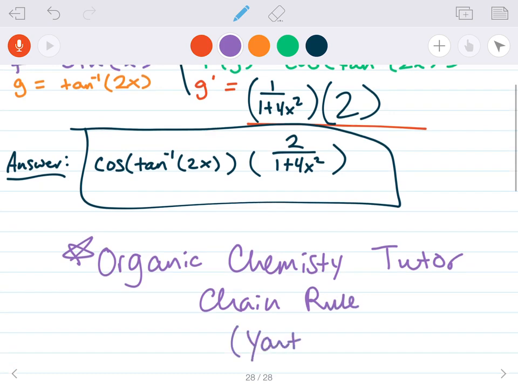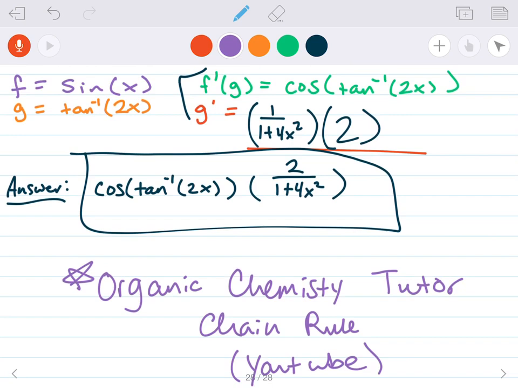You can look him up. He does them a little bit differently than I do, but it's still the same kind of principle. And if this didn't make complete sense, then I would suggest going to him for supplementation, because he explains it in a little bit different of a way. And I know this is a hard concept for students to grasp at first. So, yeah, check him out.